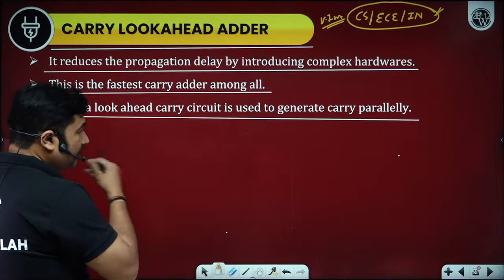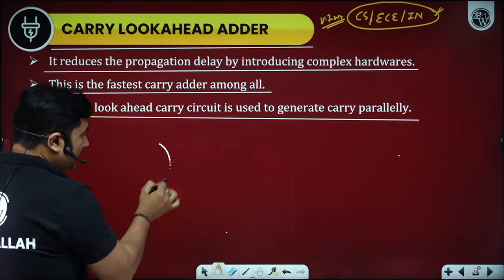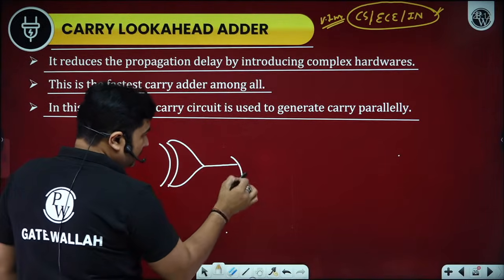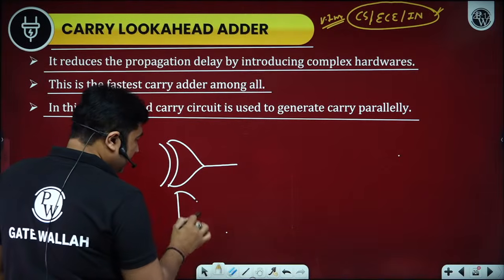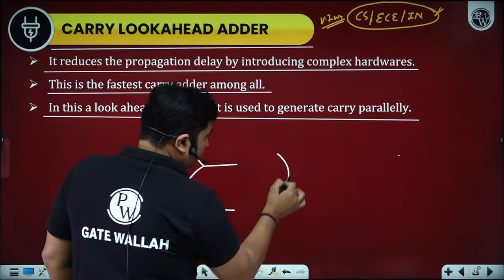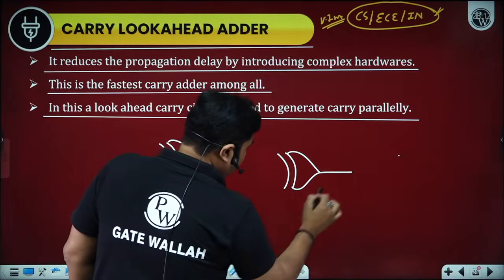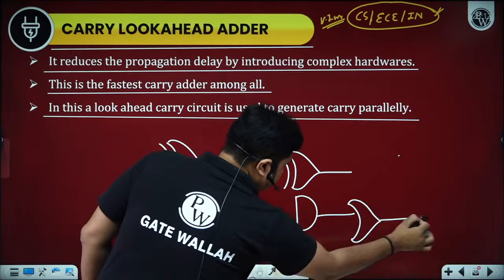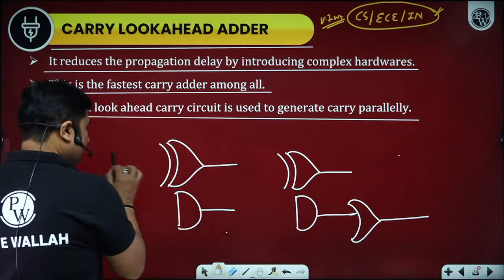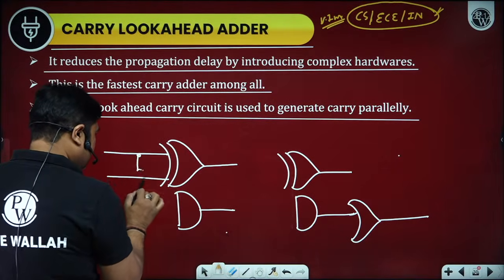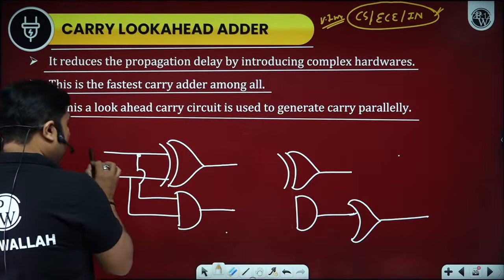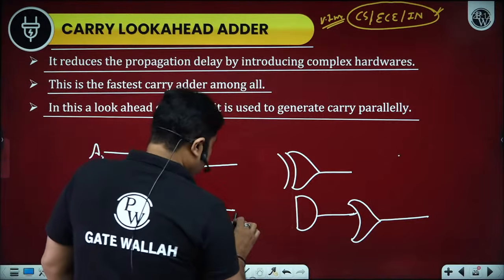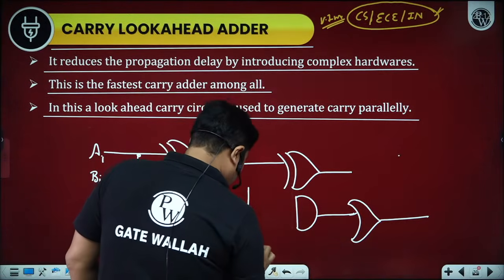All of you are aware of one full adder built using two half adders and one OR gate. Suppose we have two half adders with inputs Ai, Bi, and one OR gate circuit.